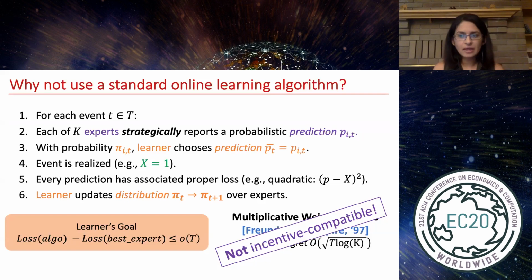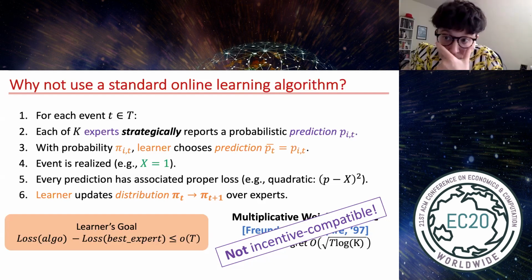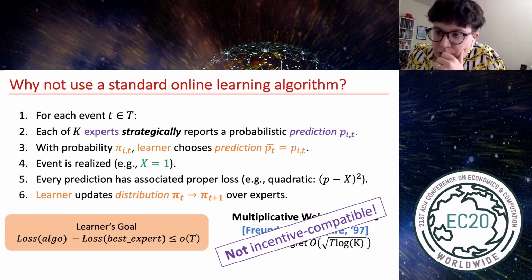Great. Another question, Greg is asking if you could provide a little bit more intuition as to why experts will act strategically and why don't they just try to minimize their own proper loss in a way? Because, let's look back at the Good Judgment project.